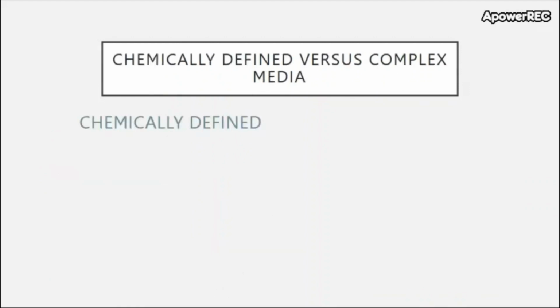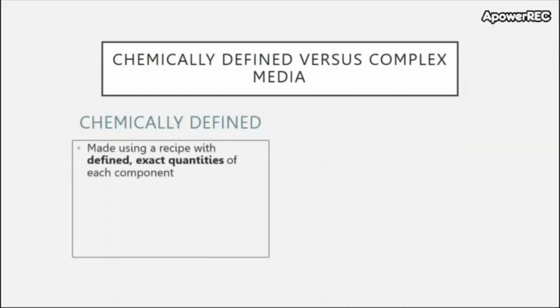There are two types of media, which is determined by the type of nutrients that are used in them. One of them is a chemically defined media, and this uses a recipe with defined and exact quantities of each component. So in order to have very precise and exact quantities, this would lack any animal source unpurified ingredients.